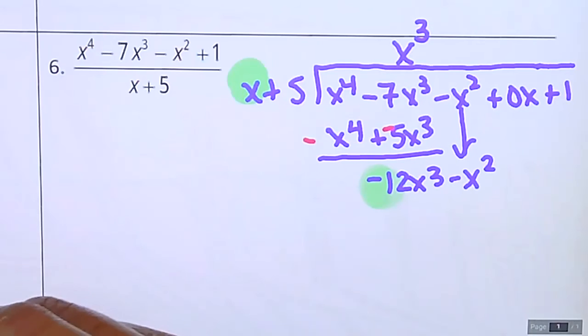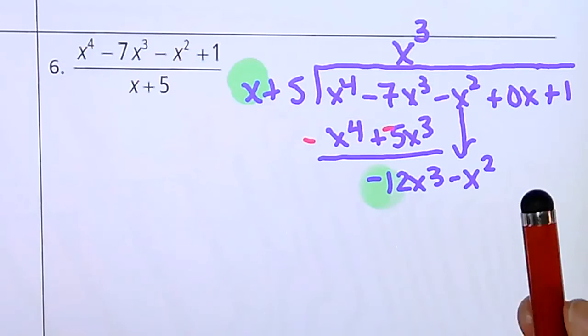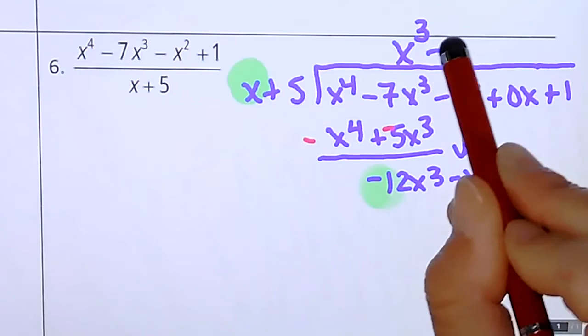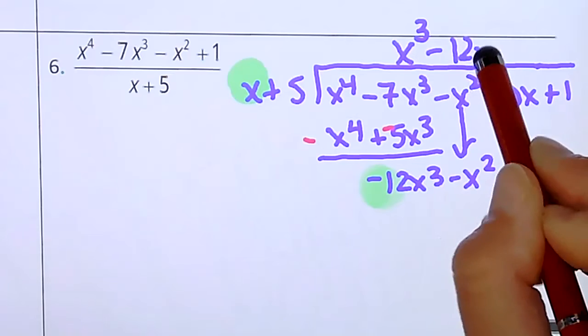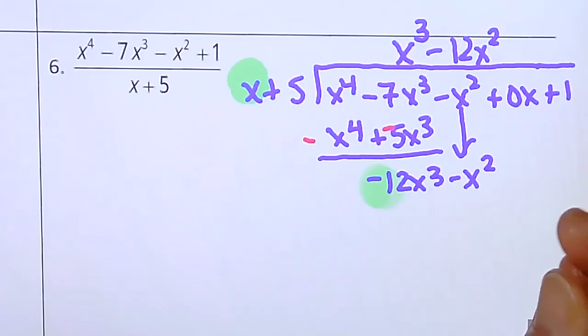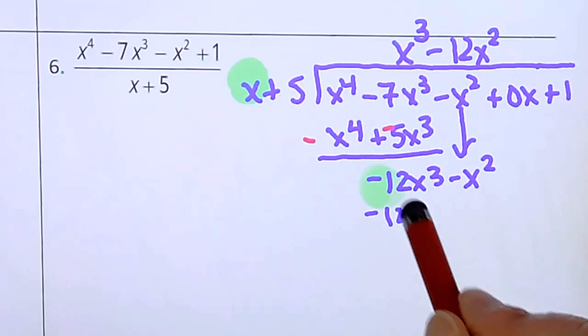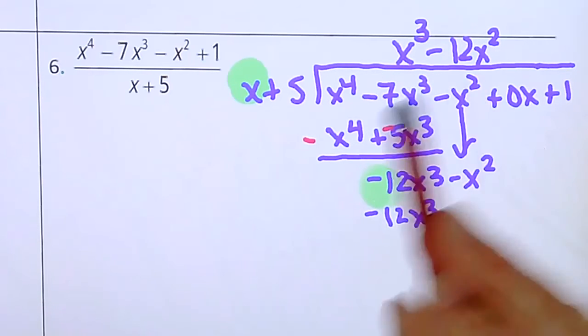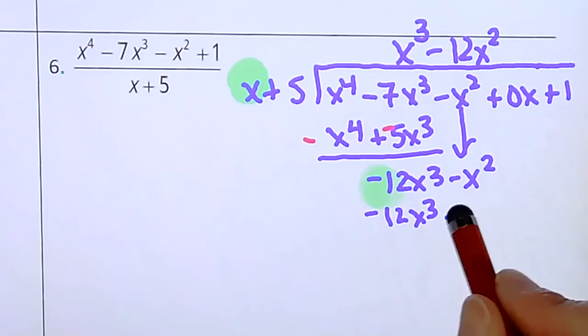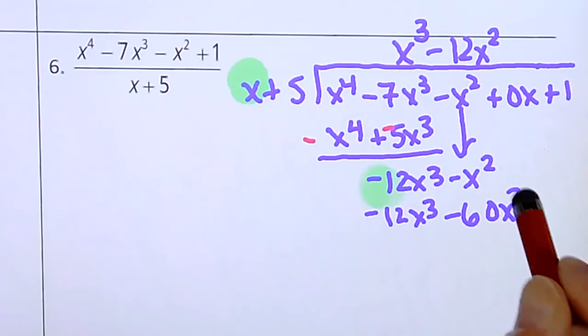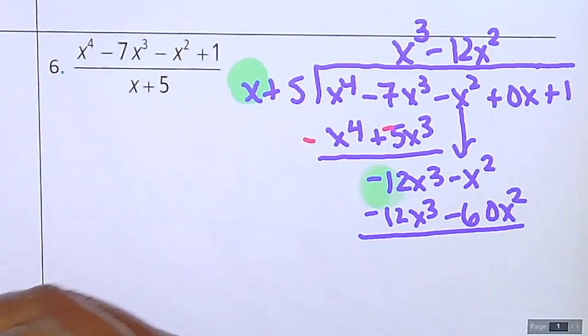So x times what gets me a negative 12x to the 3rd, that's going to be a negative 12x squared. I multiply that together, I get a negative 12x to the 3rd, and negative 12x squared times 5 is a negative 60x squared.